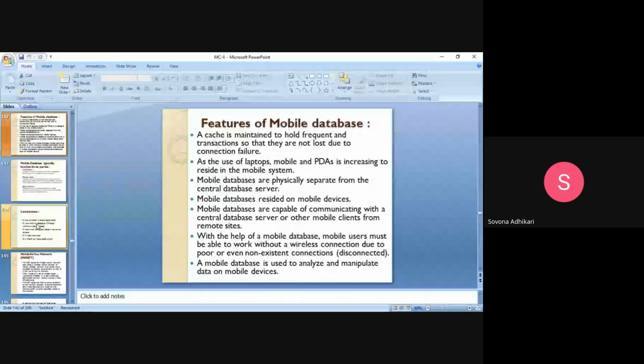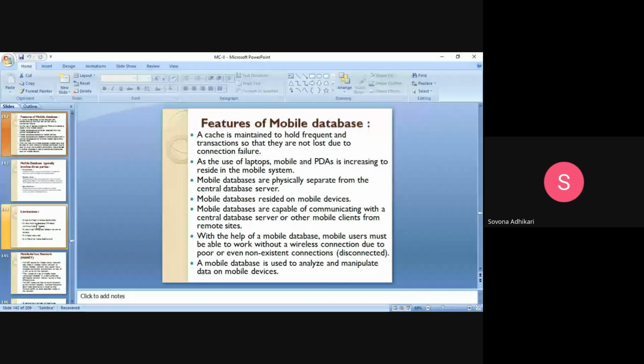The database contains a huge amount of data. Some data is used frequently by the user, and the other data is rarely used.